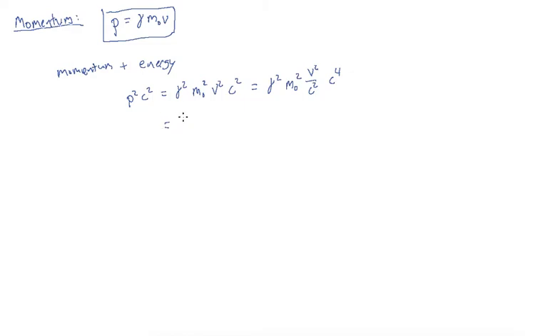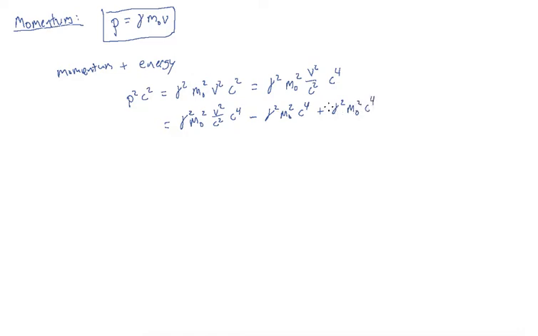So this is gamma squared m naught squared, v squared over c squared, c to the fourth, and then we're going to subtract gamma squared m naught squared c to the fourth, and we're going to add gamma squared m naught squared c to the fourth. We're going to do both of those.